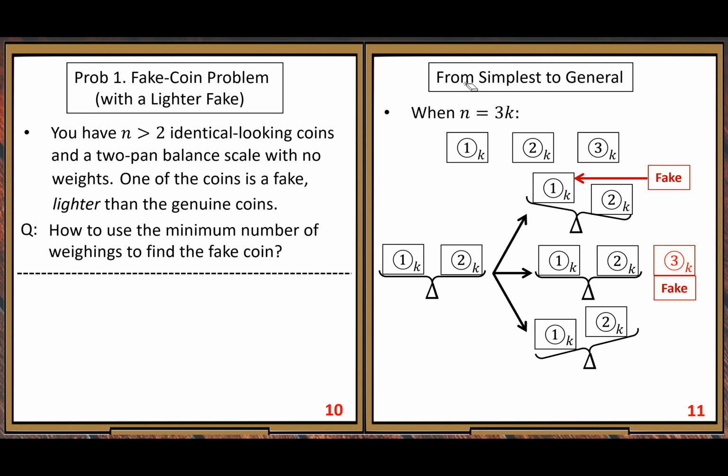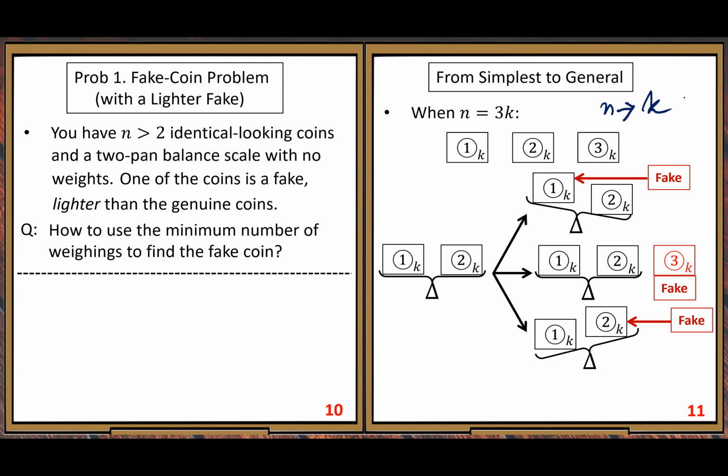Now you can see the size reduction. What is the size reduction when we run this way? From original size n to size k. That's the size reduction, from n to k. Can you work on k coins?